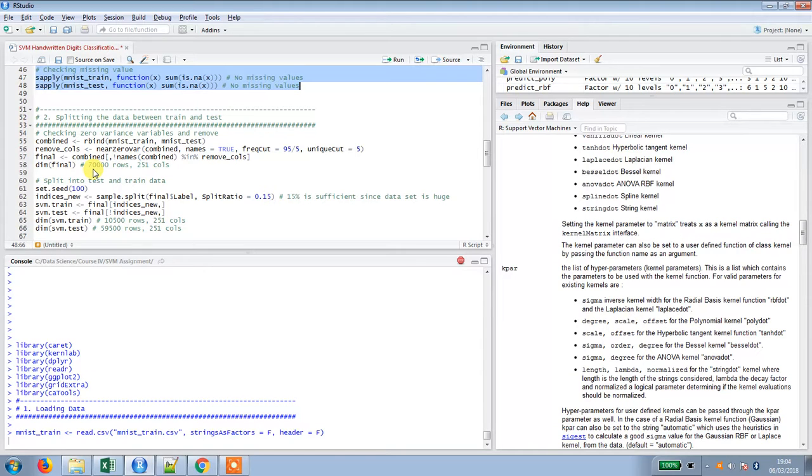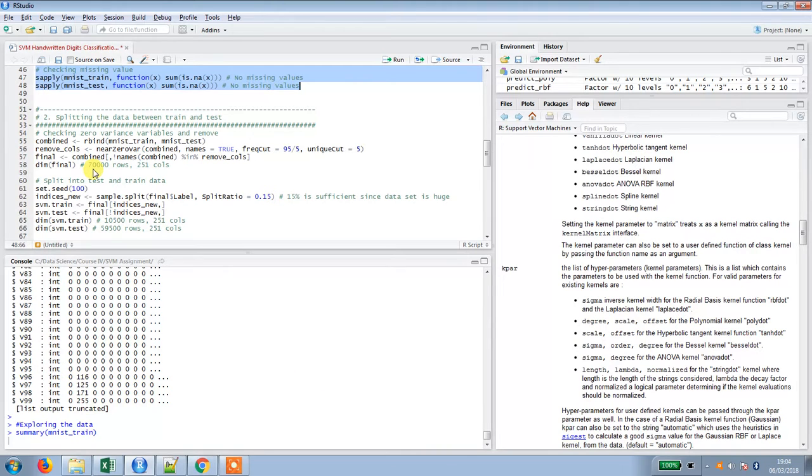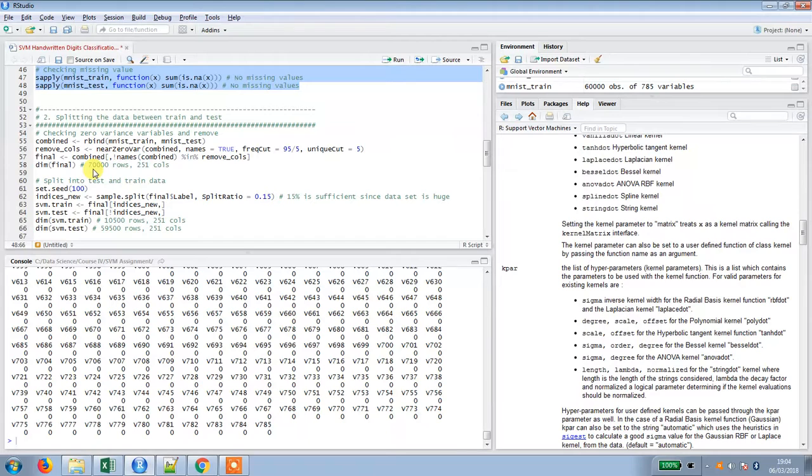So once this is done, we will check for any zero variance present in the columns across the dataset. The reason why we need to do this is that if you look at the dataset, there are a lot of columns which have the majority of the values as zeros.